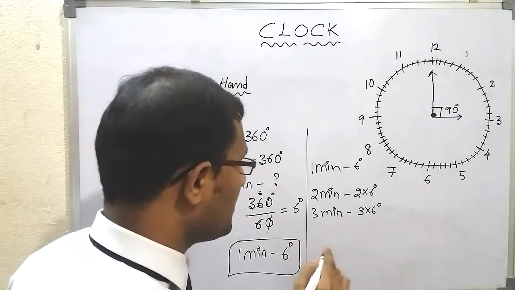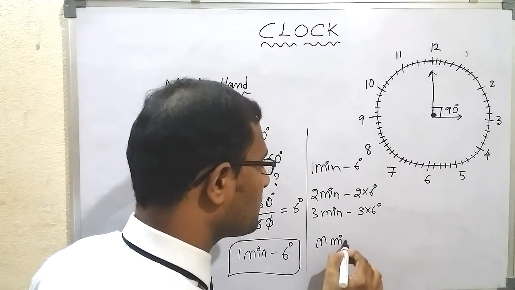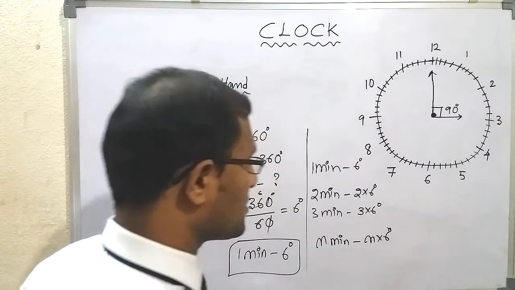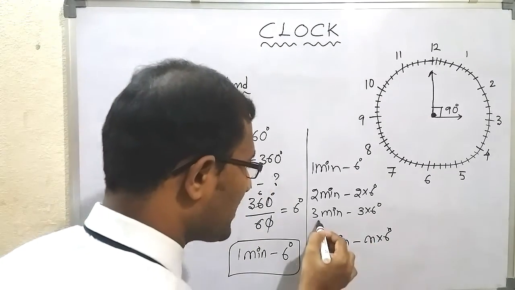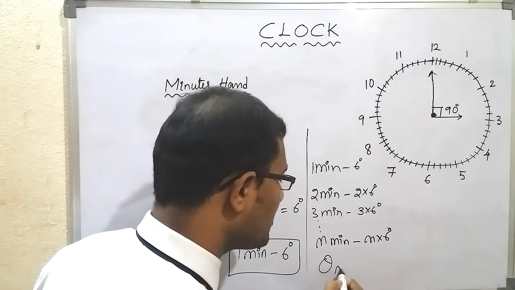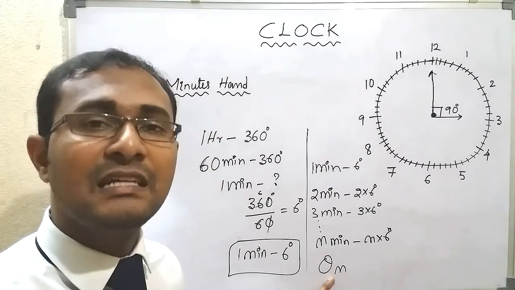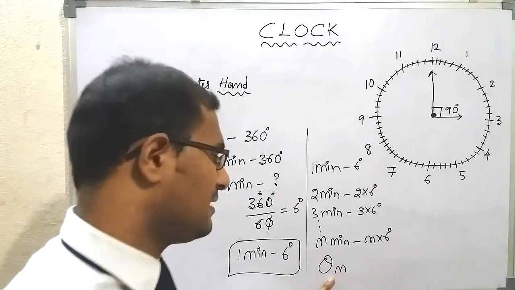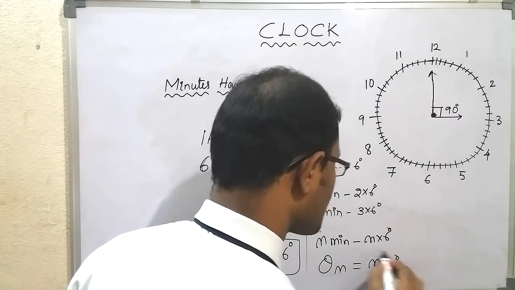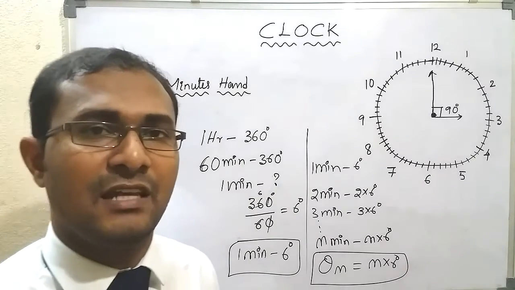So for m minutes, it covers m into 6 degrees. So the angle covered by the minutes hand, let us suppose theta m, is nothing but minutes into 6 degrees. This is the formula to find the theta m value.